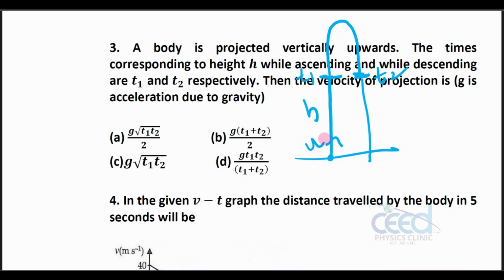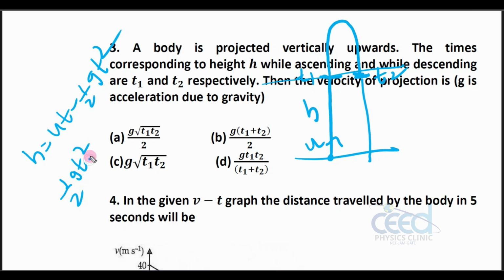Now once it goes and comes back, what can we write? The same height formula. Throwing upward, h is ut minus half g t square. This I can write as half g t square minus ut plus h is equal to 0.